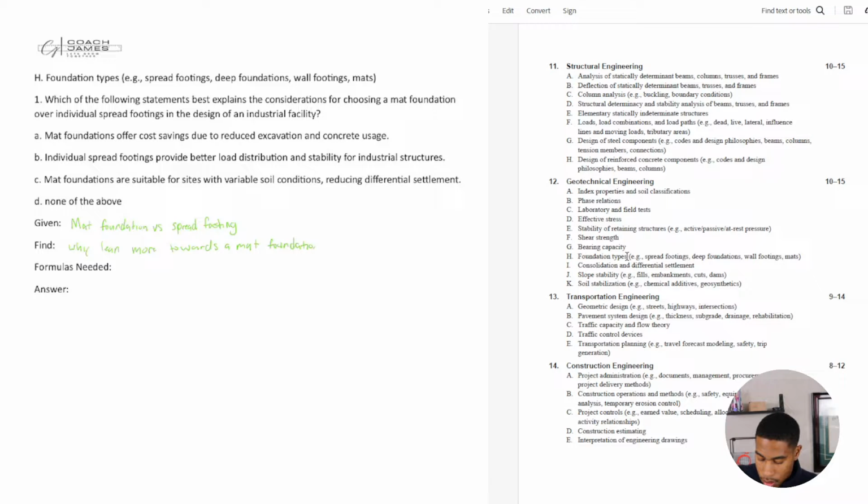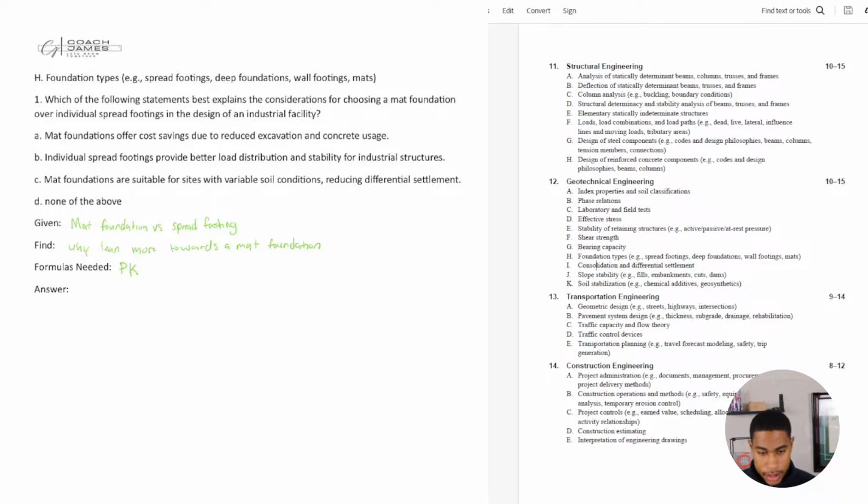So what would make you choose the mat foundation? A little bit of prior knowledge will go into this. As far as formulas needed, not really any formulas needed, but you will need some PK, prior knowledge.